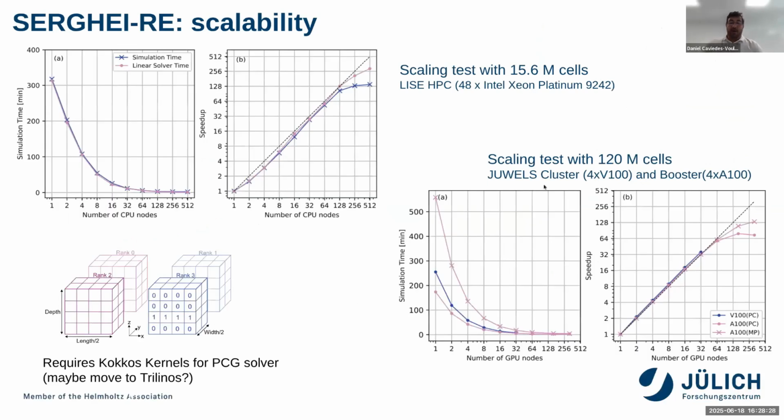Now, when we take this to scalability, here I'm only showing scalability of the predictor corrector scheme. Now we get quite nice strong scalability, as you can see on both CPU and GPU plots. You should keep in mind that these plots are done with cases of different size, of course. So it's a smaller problem for the CPUs than for the GPUs, so they're not 100% comparable.